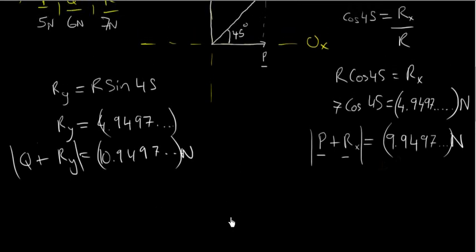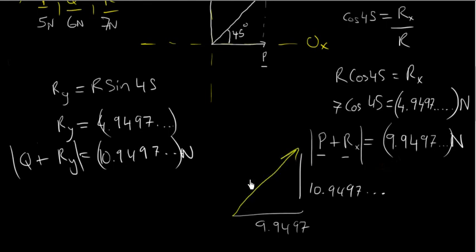So we can say, something in this direction with magnitude 9.9497, and something in this direction with magnitude, sorry, 10.9497. It's going to have a resultant in yellow, because we like yellow for resultants.